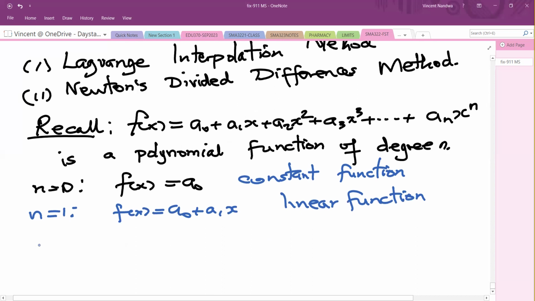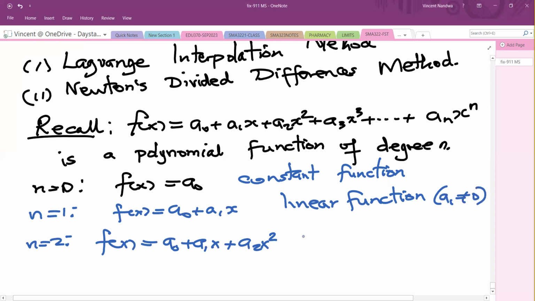When n is 2, I will have f of x equals a0 plus a1x plus a2x squared. And then remember, in this case, a2 must always be non-zero.